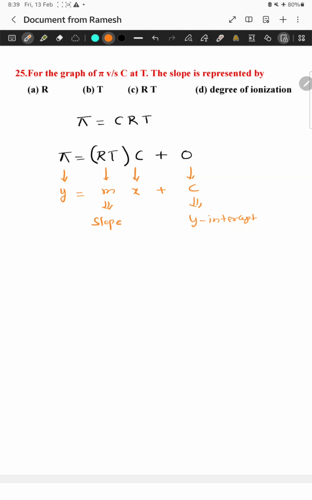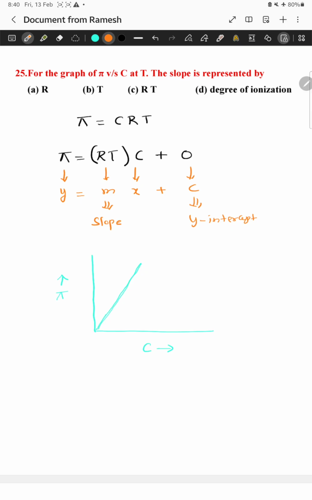Suppose you plot the graph by taking osmotic pressure along the y-axis and concentration C along the x-axis. Y-intercept 0 means the graph will start from the origin. It matches the equation for a straight line, therefore you should get a straight line graph starting from the origin.